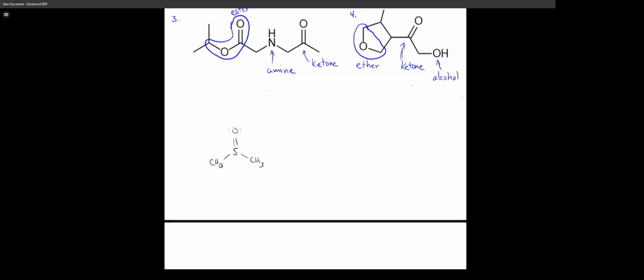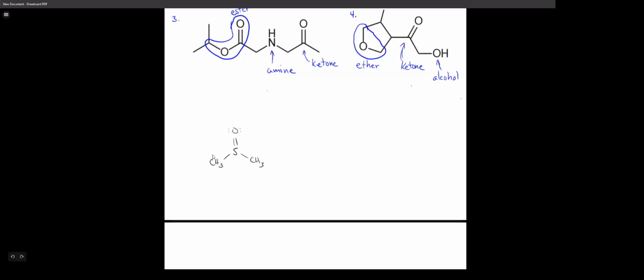And almost everybody looks at that and says, oh, it's done. That's it. Everything looks fine. And if I ask you for the shape of the sulfur, you would probably say trigonal planar. And you would be wrong.